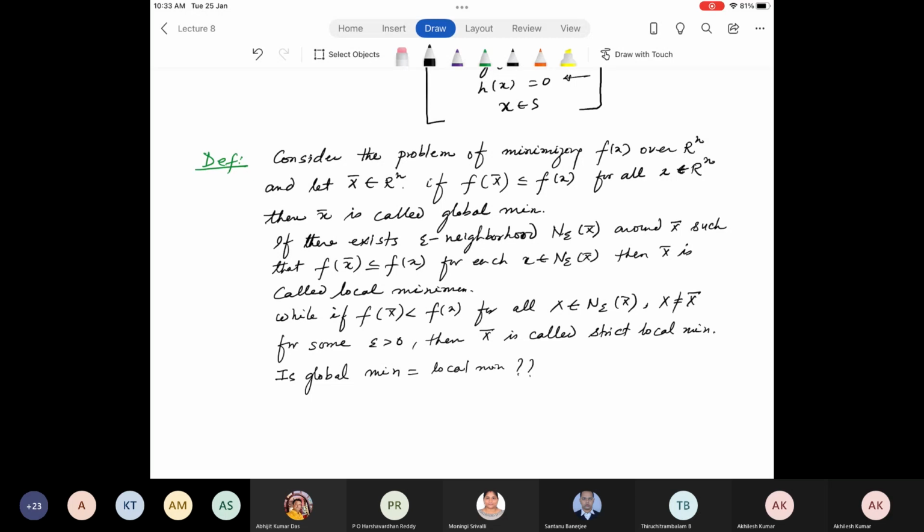So the study of optimization actually is more about finding those local minima. Once we know all the local minima, it is not that difficult to find the global minimum. Does that make sense? Yes, sir.